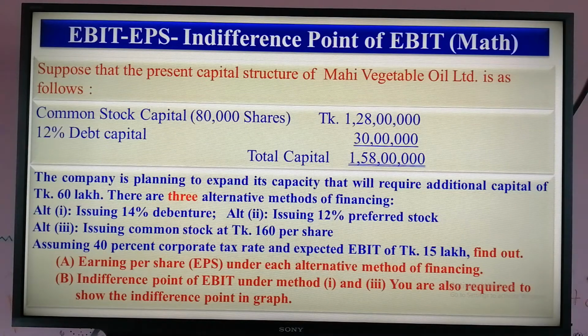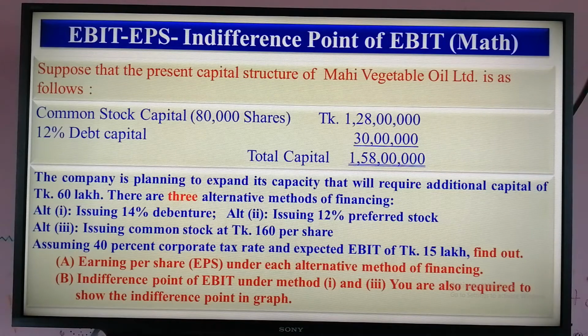Assume a 40% corporate tax rate and an expected EBIT of Taka 15 lakh. If the company raises 60 lakh additional capital, the company will get a probable profit of Taka 15 lakh, that is called EBIT, earning before interest and tax.